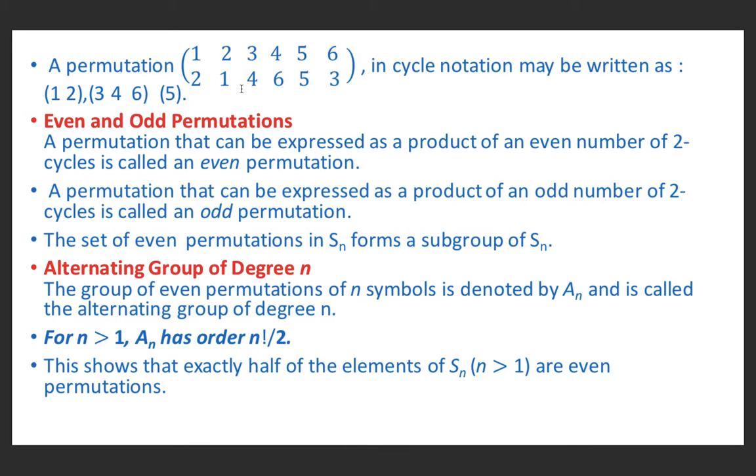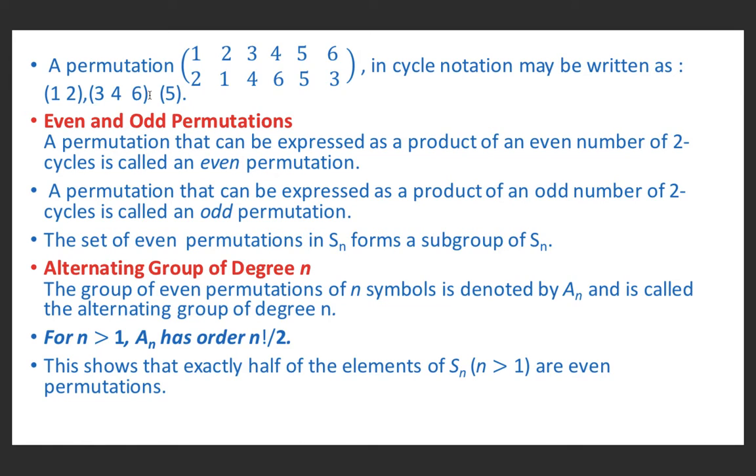If the given permutation is 1, 2, 3, 4, 5, 6 in the first row, image of 1 is given to be 2, image of 2 is 1, image of 3 is 4, image of 4 is 6, image of 5 is 5, image of 6 is 3. In cycle notation, we may write it as (1 2) because image of 1 is 2 and image of 2 is 1.